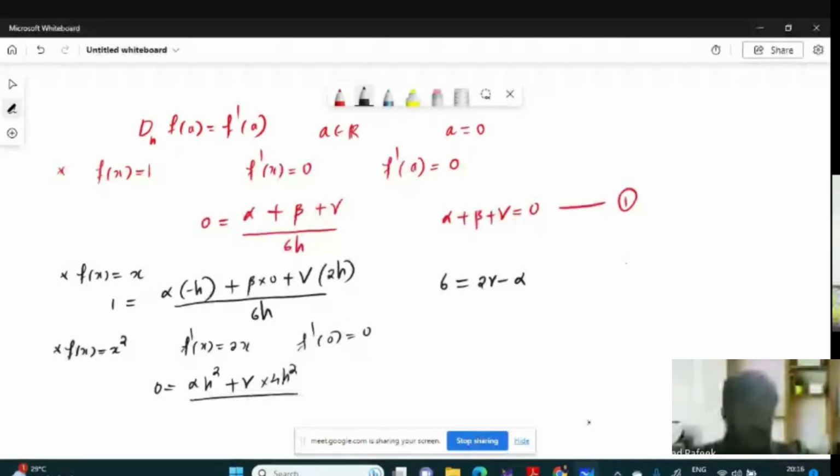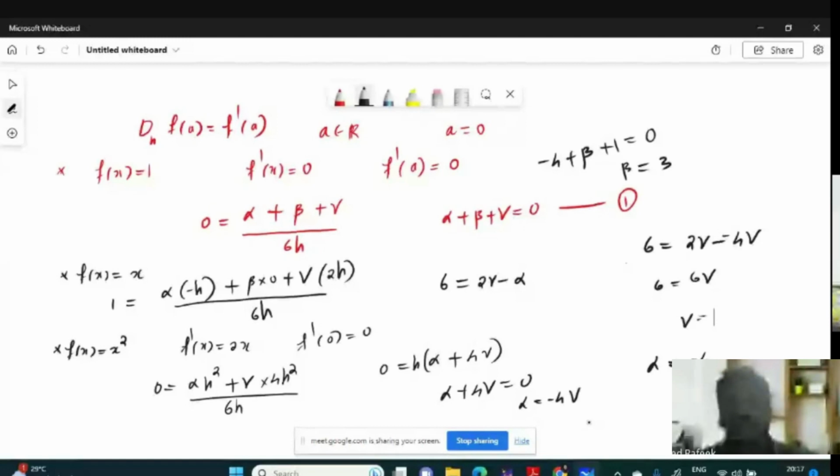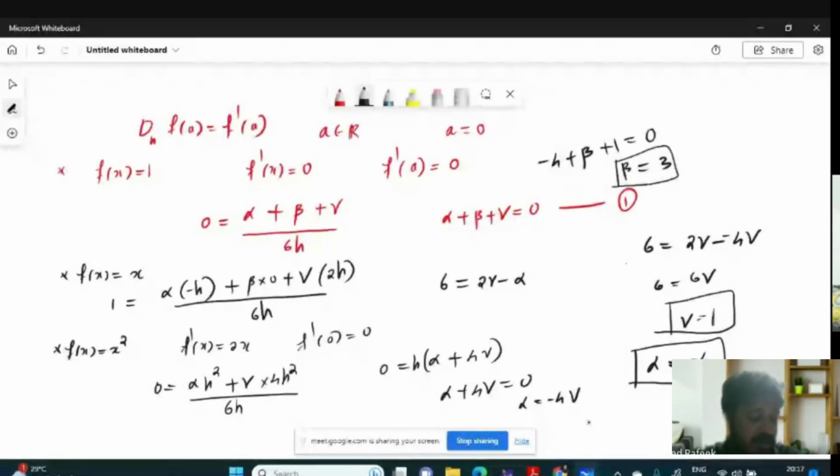Let us see the options. Okay, all values you got: alpha equals minus 4, gamma equals 1, beta equals 3. So let us verify the options. Alpha plus 2 gamma means minus 4 plus 2 into 1, which equals minus 2. It's not 2, so option C is incorrect. Option A is correct.